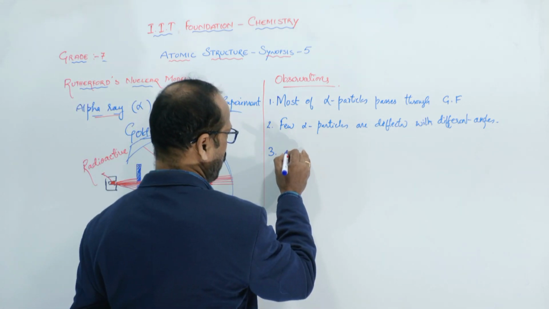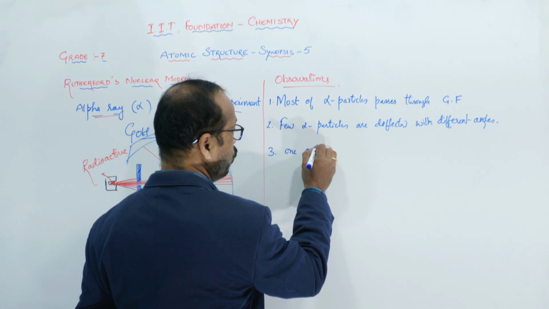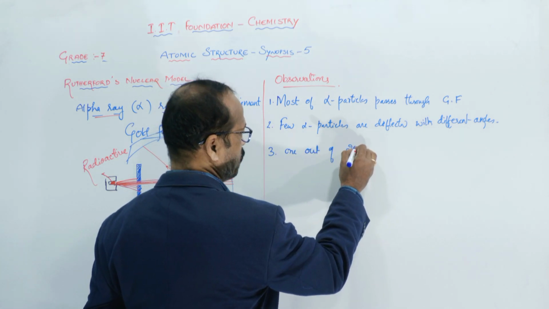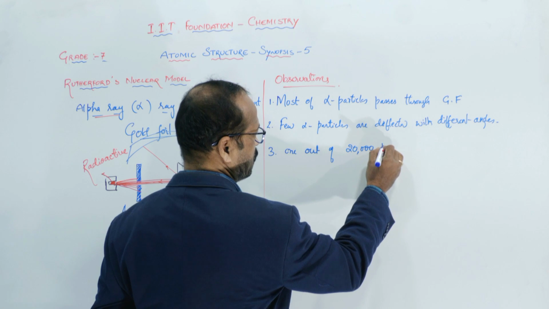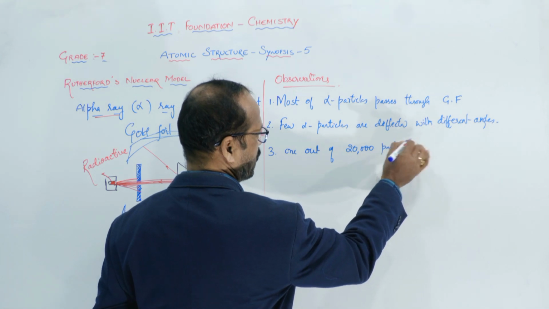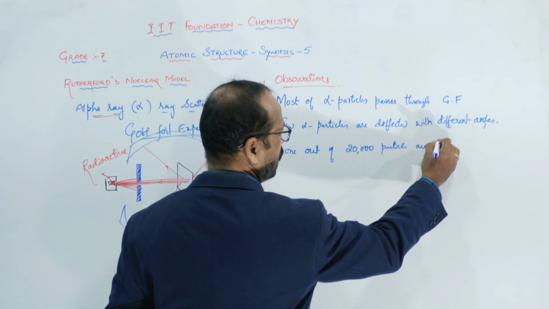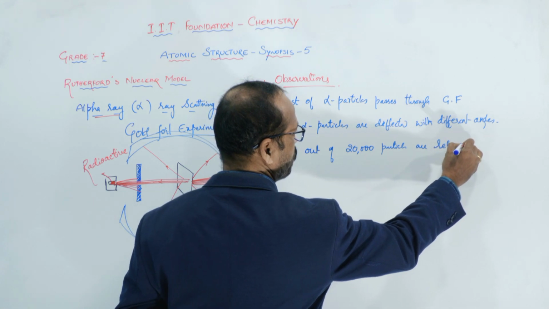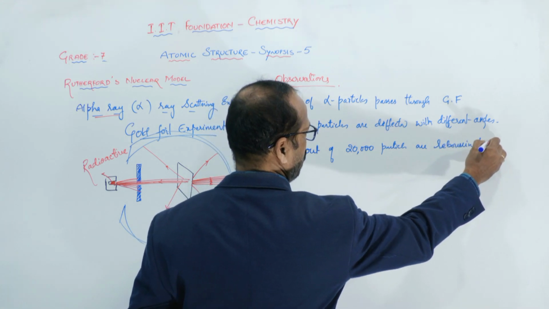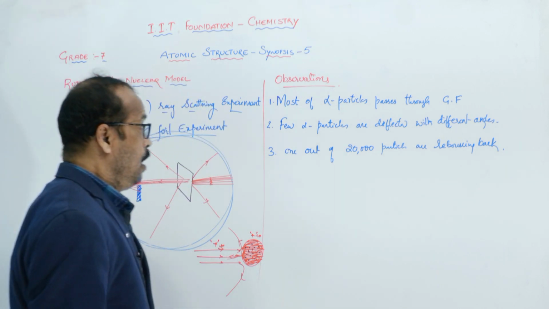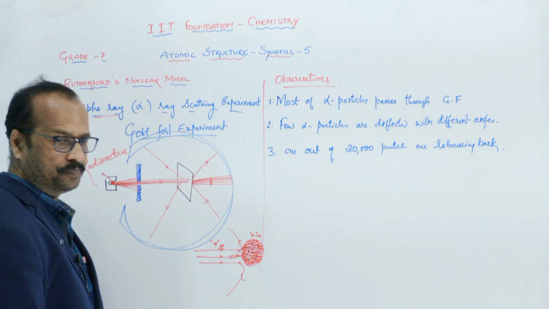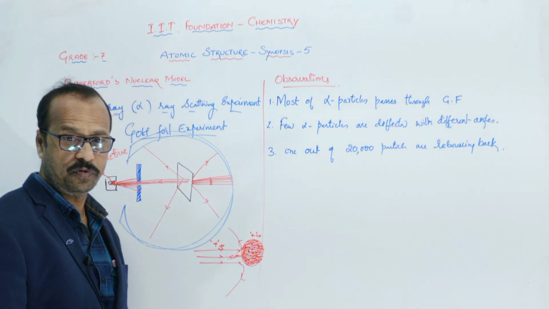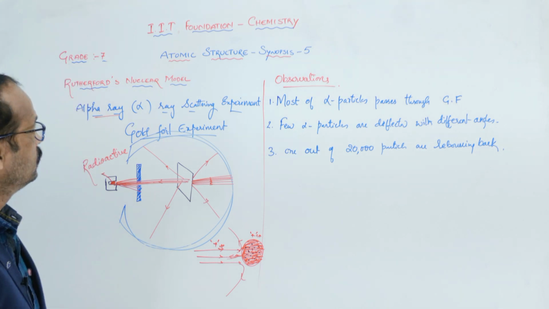So almost 1 out of 20,000, approximately. This is not an exact figure. These are the observations made by Rutherford.